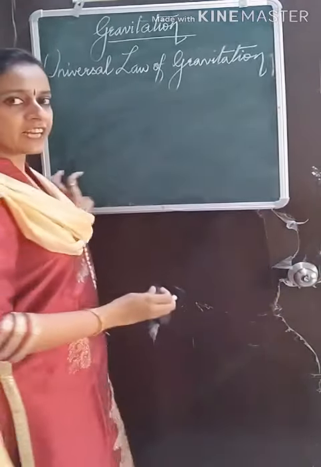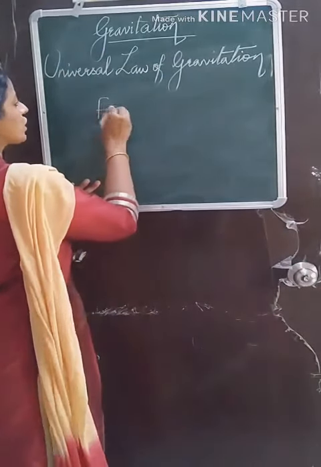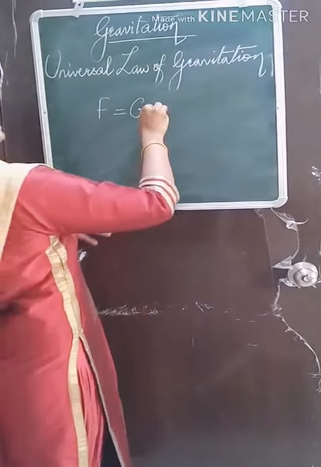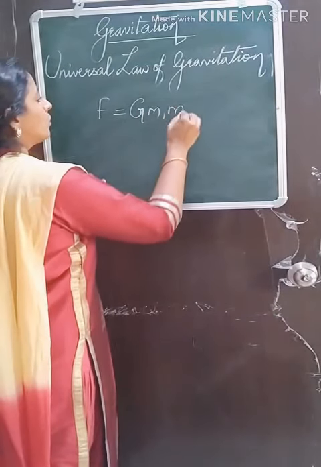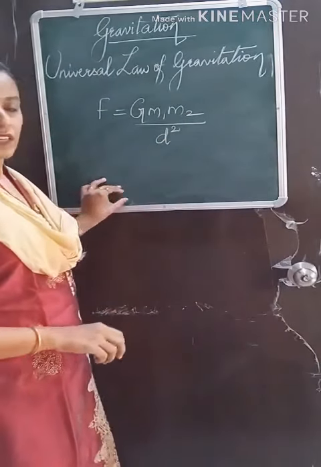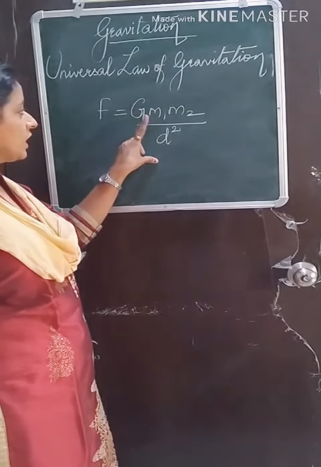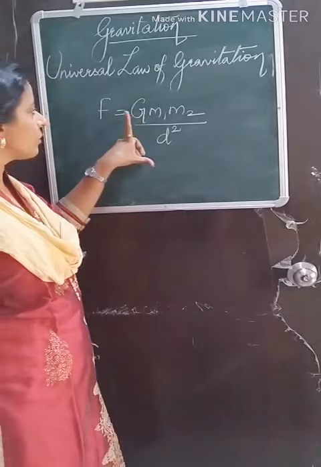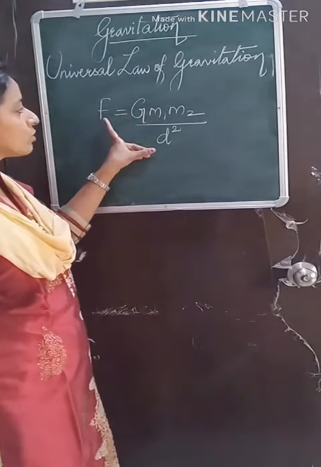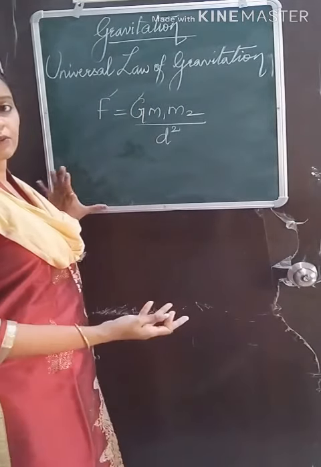So, again I'll write down the formula, universal gravitational force formula. F is equal to G m1 m2 upon d square. The universal constant of gravitation will be equal to the force when these two are equal.